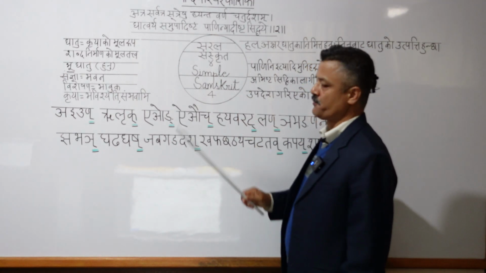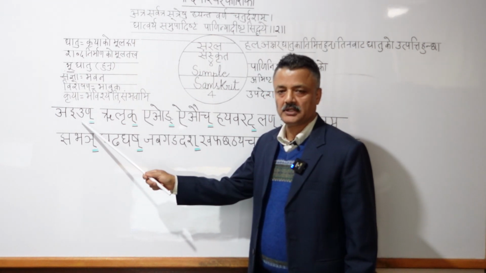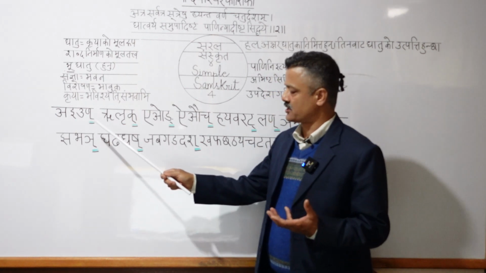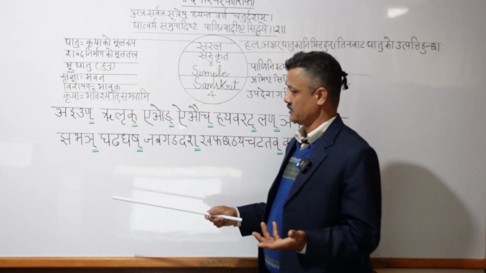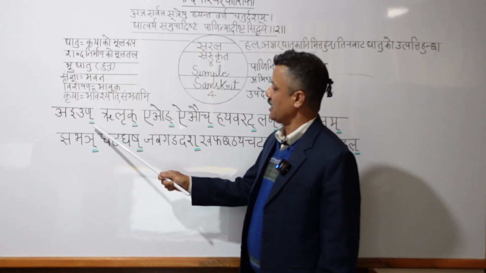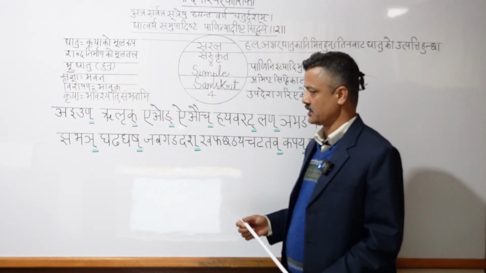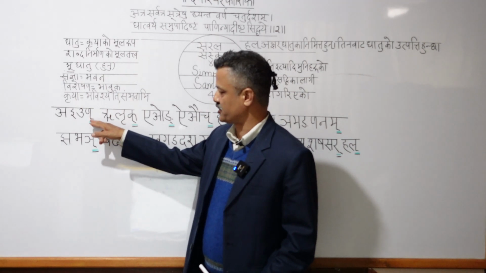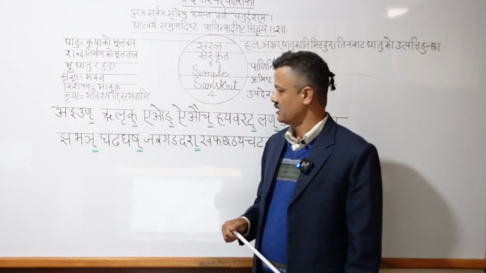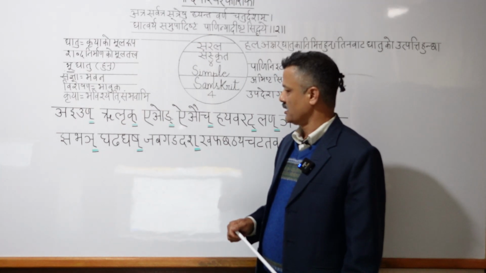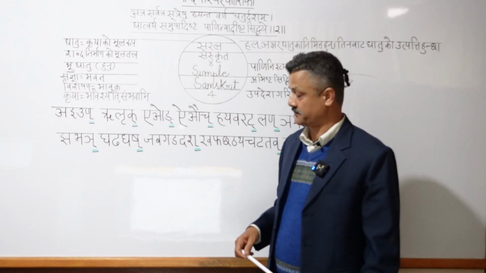Yante varna chaturdasa: at the end of each aphorism, each group of letters, there is a hal letter. Hal means, I do not know how to say this in English, but as you see this sign, like the stress mark, you do not pronounce it fully. I don't have this knowledge.